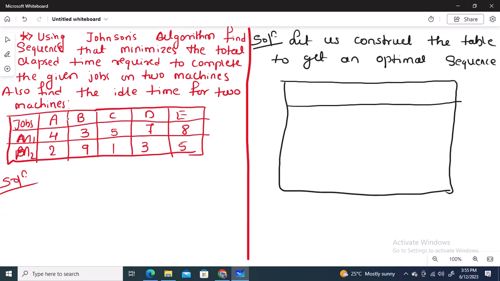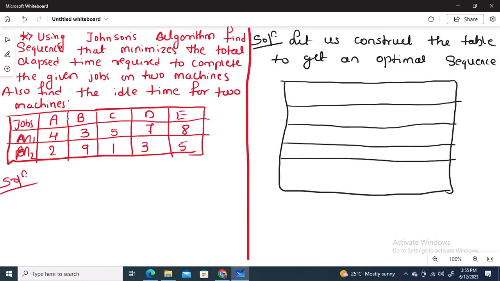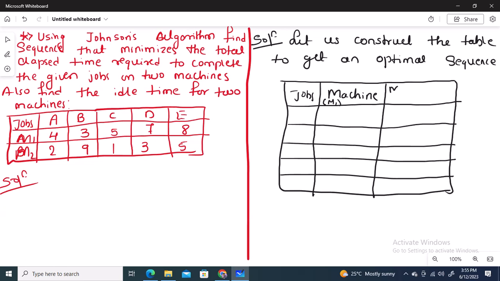There are 5 jobs we have. This is jobs and this is machine. Machine 1, that is M1, and machine 2, that is M2.